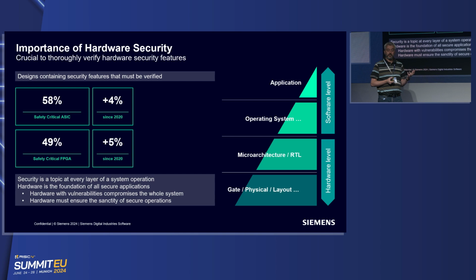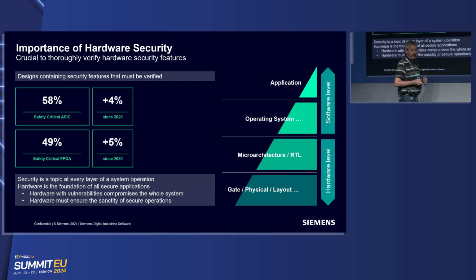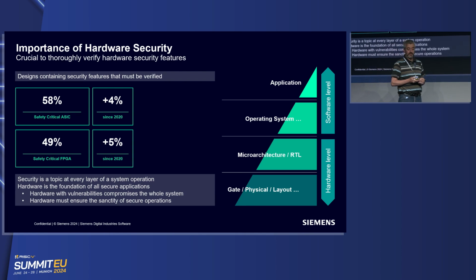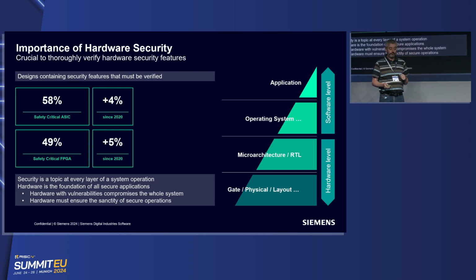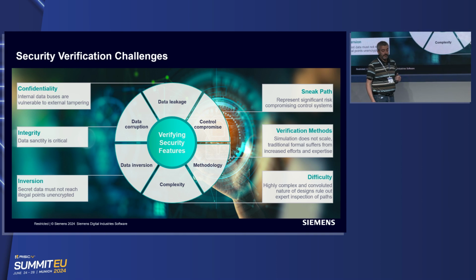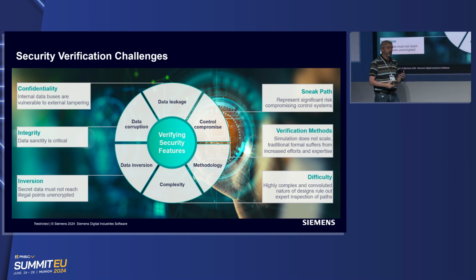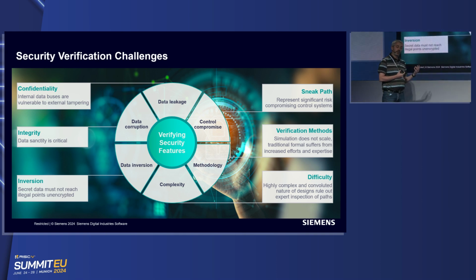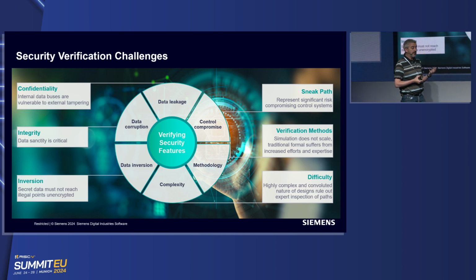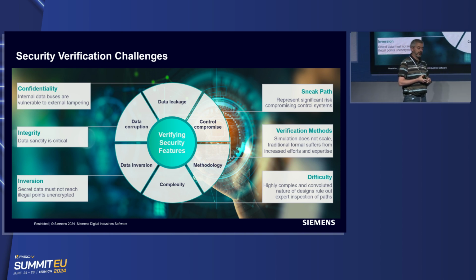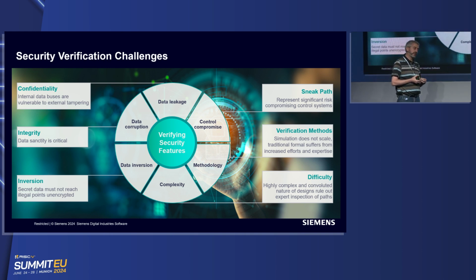And hardware security mechanisms are also becoming more and more prevalent. More than half of the designs in ASIC and even in FPGA actually feature some security mechanisms. Now, security is a many-faceted topic. On the hardware side, you typically look at things like, you have your secret key, and you want to make sure that the attacker can't corrupt it. He can't leak the secret key, so he can't get access to any of the secret data.